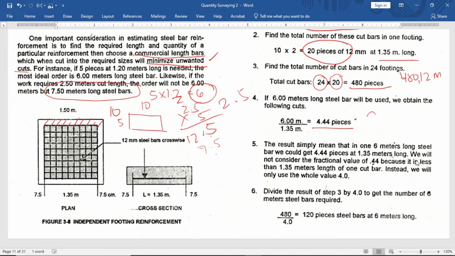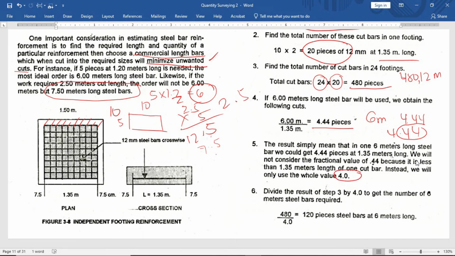Since may fraction ito, because 0.44 is less than 1.35, hindi natin ko-consider. Ang ko-consider lang natin is yung whole number, yung 4.